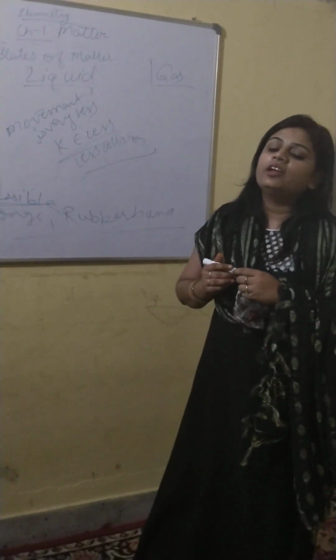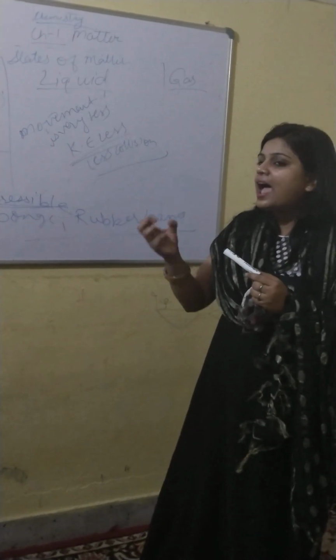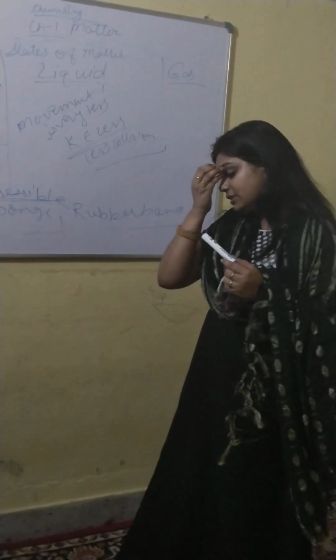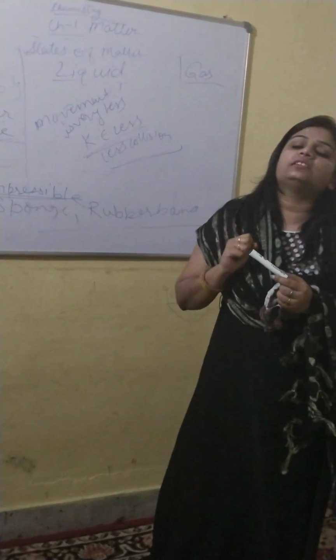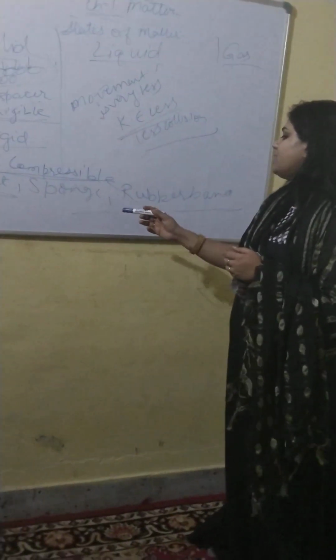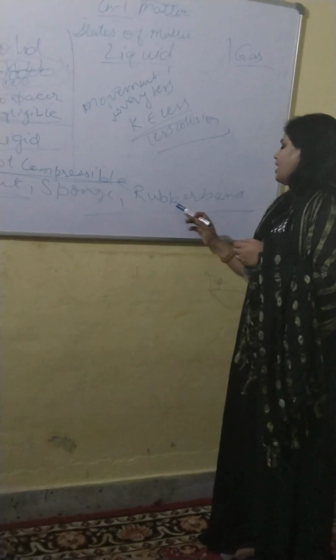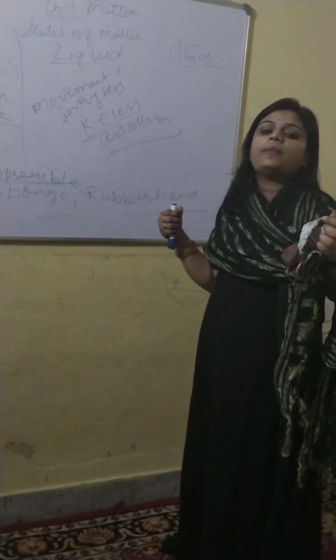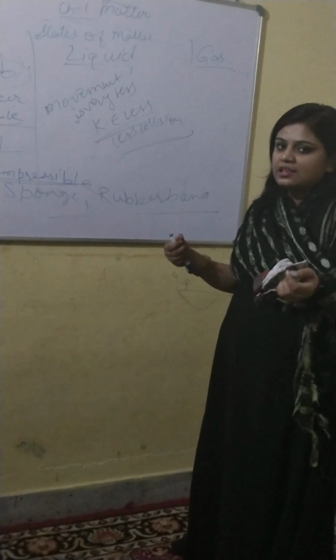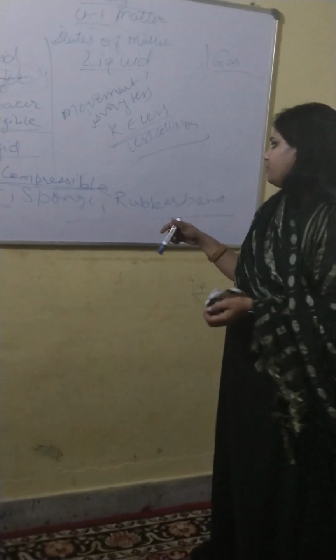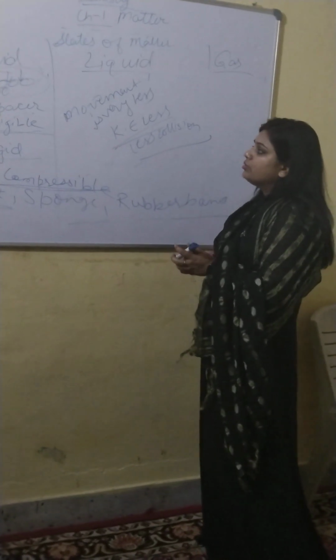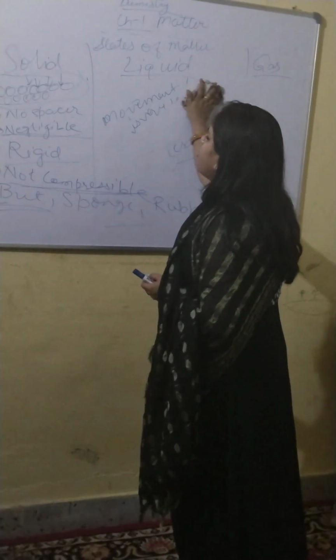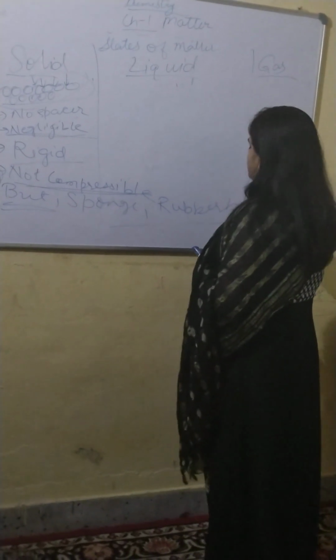Porous solids have spaces in them, and as we put some force, they are easily compressible. That's why they are called porous solid. And rubber band is also an exception. As we compress the rubber band, it is elastic and changes its shape. So these are the two exceptions to the property of solid that they are not compressible.